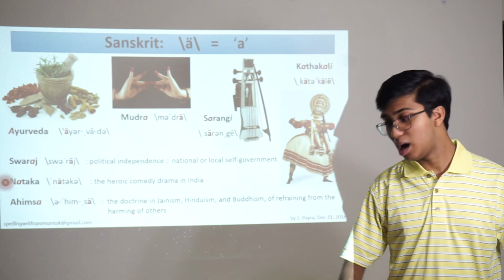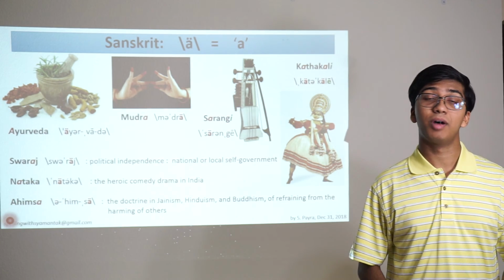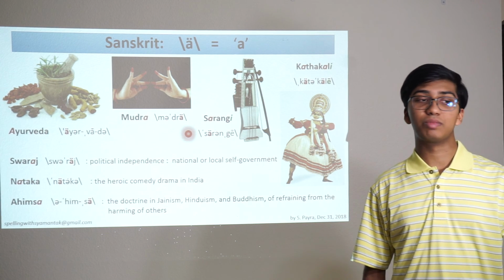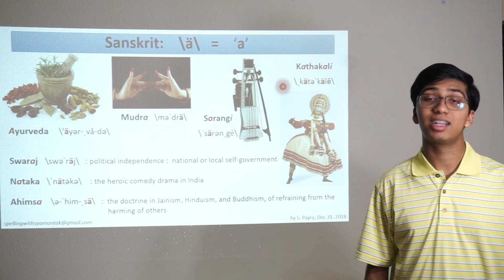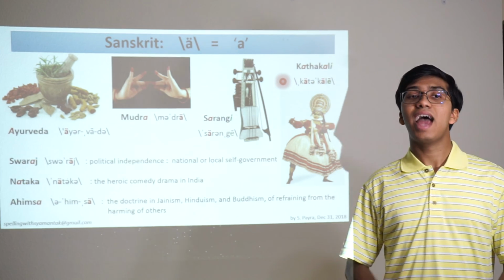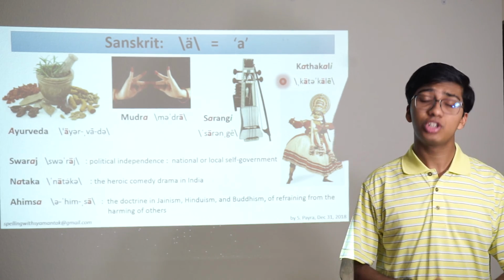Nataka, heroic comedy drama. Ahimsa, the doctrine of refraining from harming others, and sarangi, which is a musical instrument, and kathakali, which is another form of dance. All of these have the open vowel system with the A vowel being spelled with just one A.